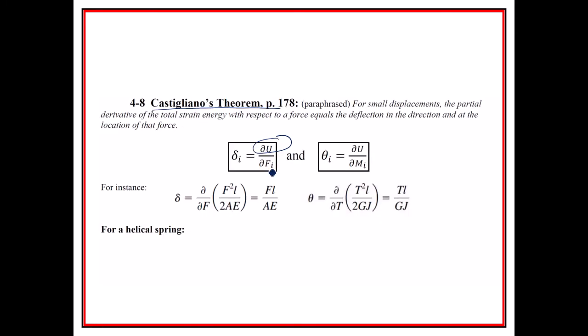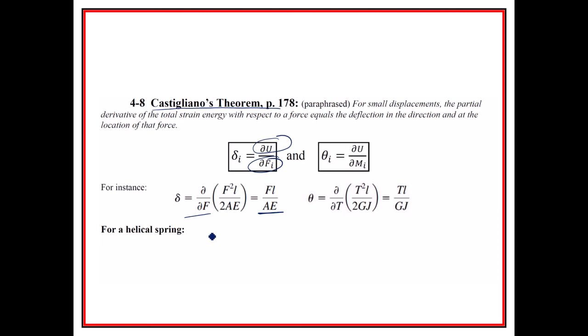So we set the thing up in this way, and we're able to calculate the deflection based on the strain energy. And the usefulness of this, even though it seems like a rhetorical type of statement, is that now we can calculate a much more complicated scenario than just a little bar or something.